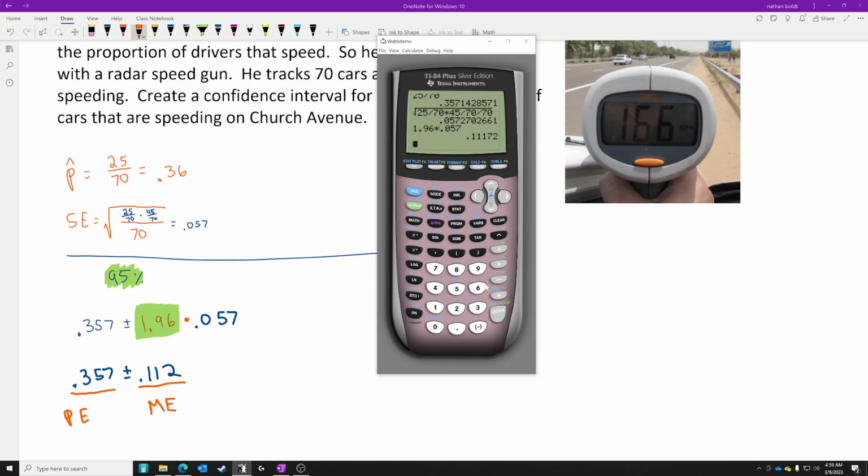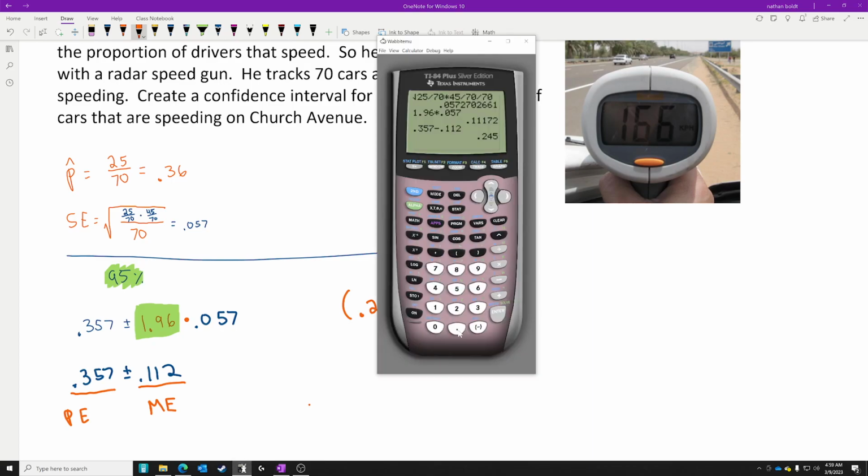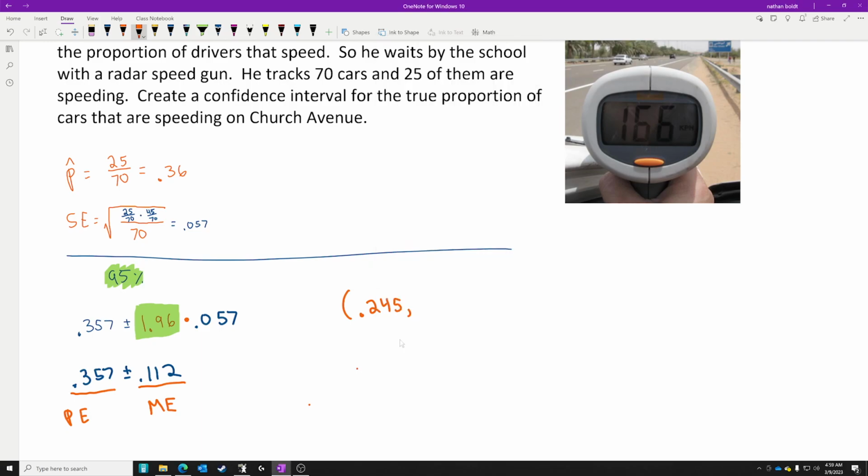So now let's add and subtract. So 0.357 minus 0.112 is 0.245, comma, and now 0.357 plus 0.112, which is 0.469. All right, so there we have our confidence interval.